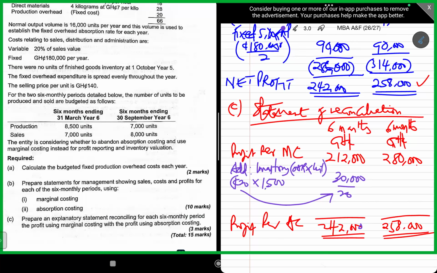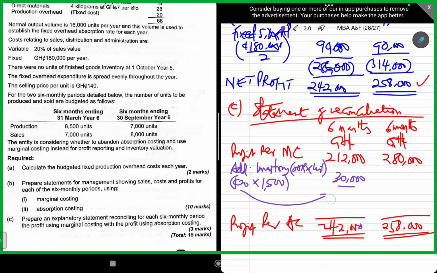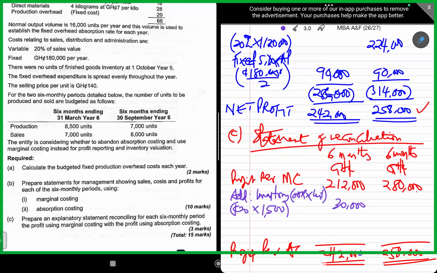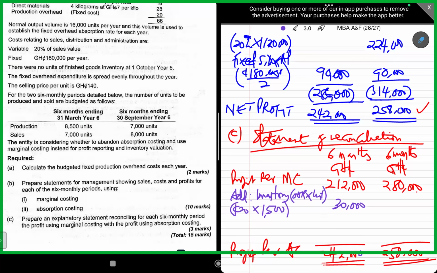And this 1,500 was the closing inventory for the first 6 months, right? Yes. The working 3, closing inventory, first 6 months.